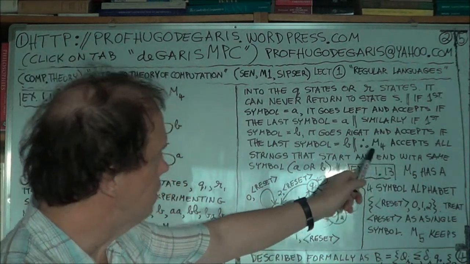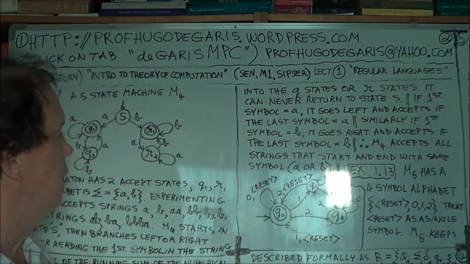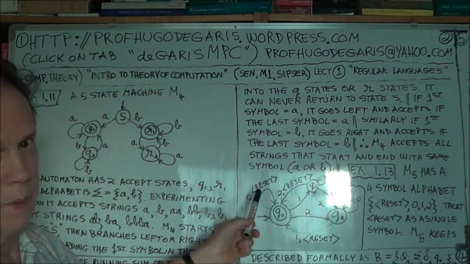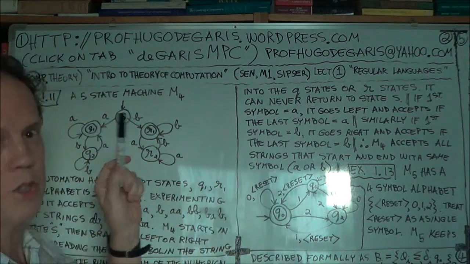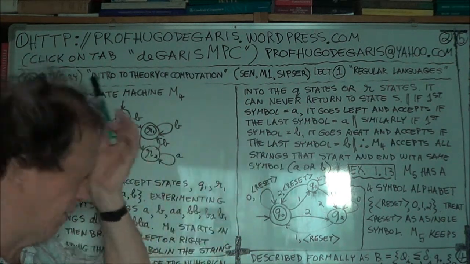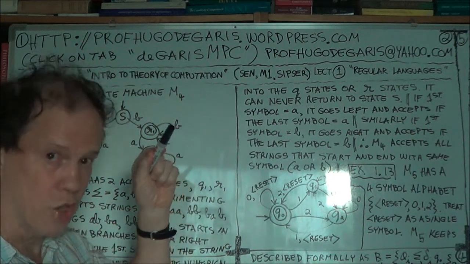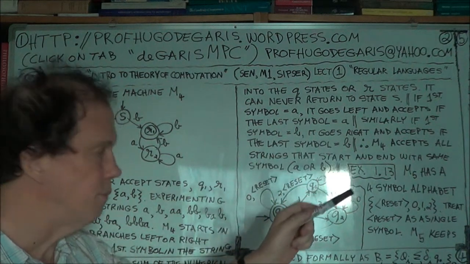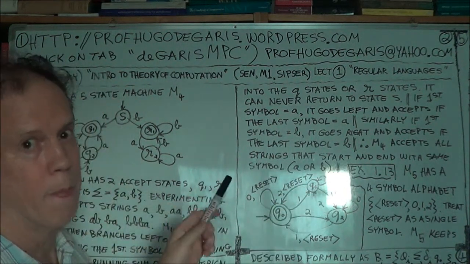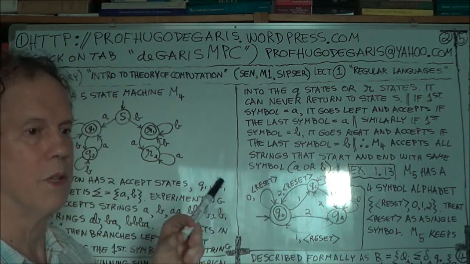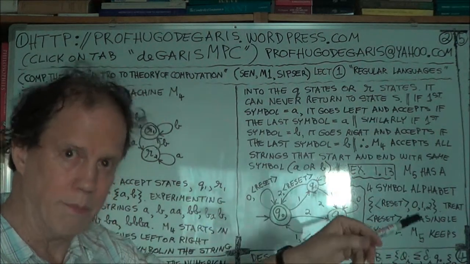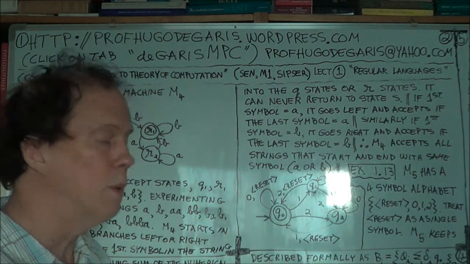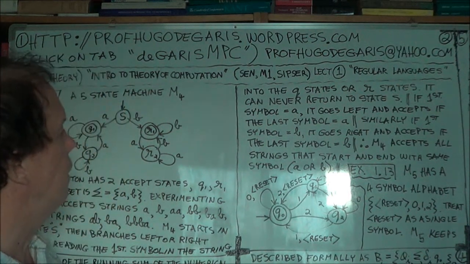Therefore, the automaton M4 accepts all the strings that start and end with the same symbol. So if the string is A dot dot dot A, it would be accepted. And if it's B dot dot dot B, it starts and ends with the same symbol, it would be accepted.